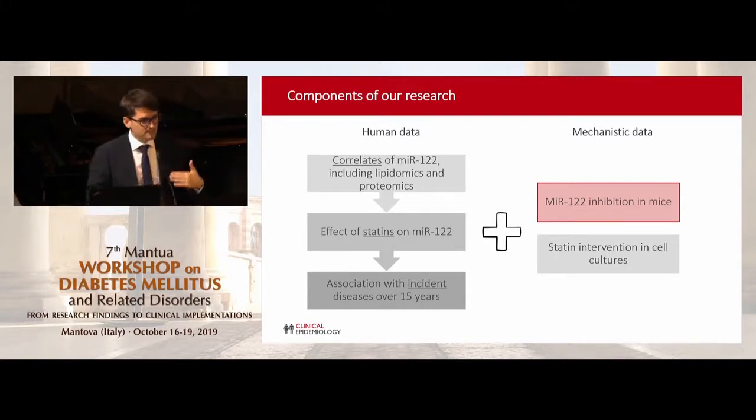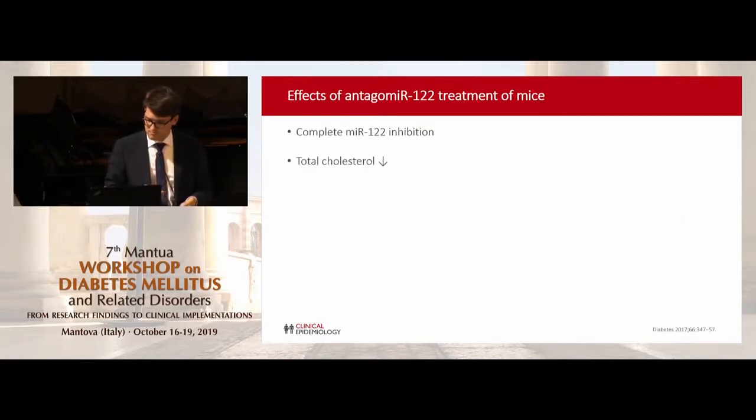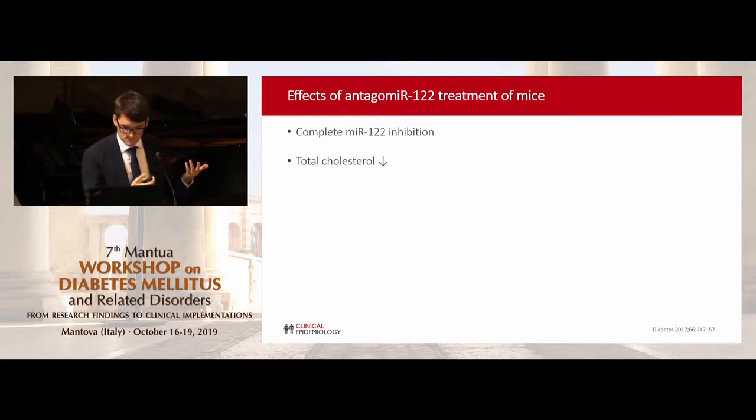Okay, so as a next step, we then ask the question: what happens when you inhibit microRNA 122 in mice? And so there we used a specific inhibitor called the antagomir 122. And this was successful, resulted in complete inhibition of microRNA 122 in those mice, and as expected, we also found a reduction in total cholesterol.